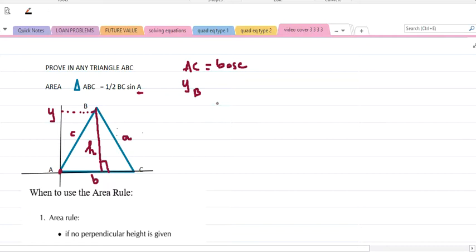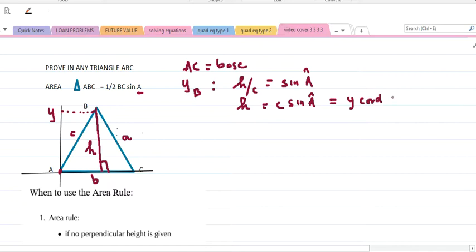If we look at our diagram, we can determine that h over c is equal to sine of angle A. So h is equal to c sine A. And this is equal to the y coordinate of B. Right.